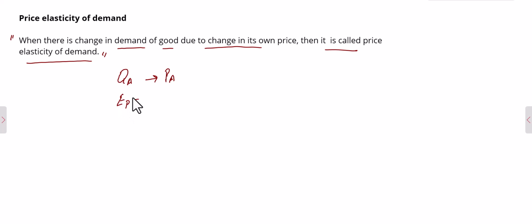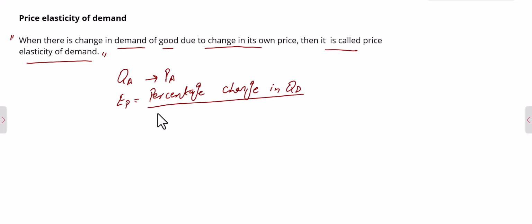EP stands for elasticity of price, and the formula for price elasticity of demand is percentage change in quantity demand due to percentage change in price.